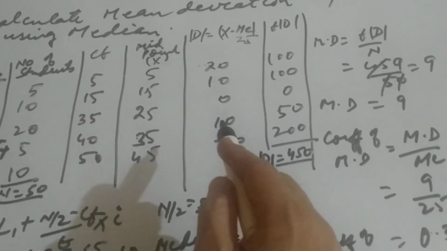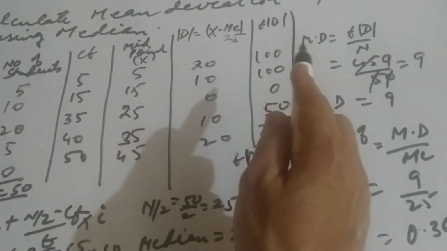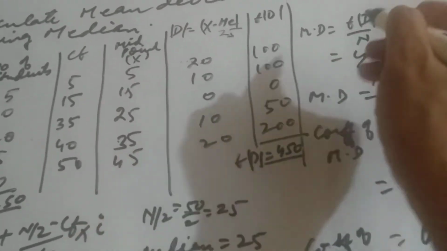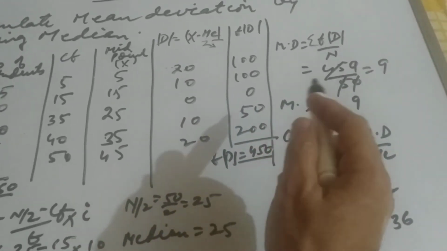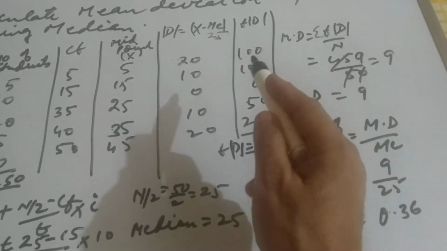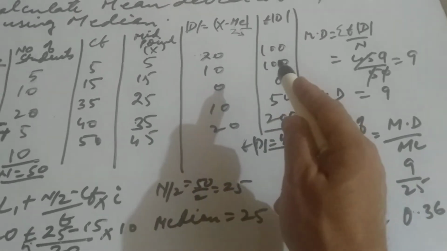So you have the modulus d column, but for the formula you need sigma of f into modulus d.